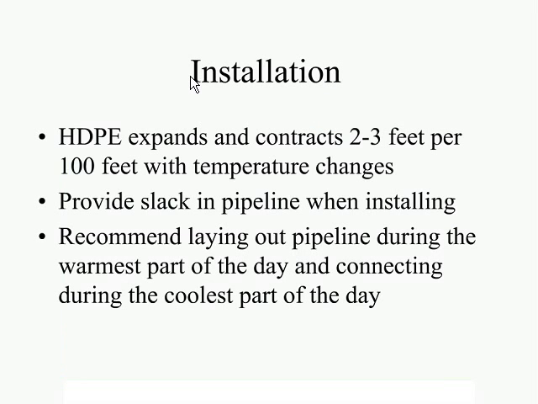Installation, and remember I said HDPE expands and contracts. It can expand or contract 2 to 3 feet per 100 feet with just a normal temperature change during a day. If you have a drier area and you can have a temperature swing of over 10 degrees Fahrenheit, you can get some pretty significant distance change.